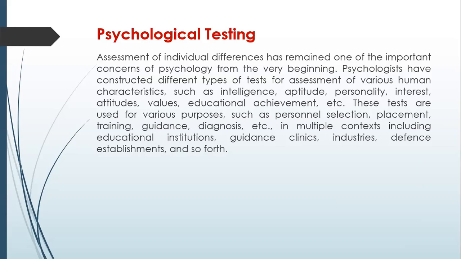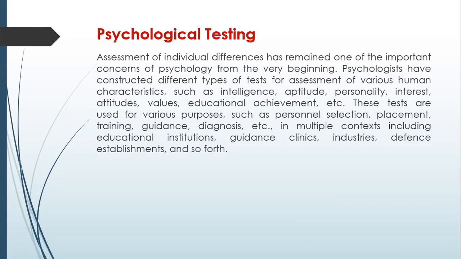The psychologists have constructed different types of tests for assessment of various human characteristics such as intelligence, aptitude, personality, interest, attitudes, values, educational achievement, etc. These are all related to personal factors, right?